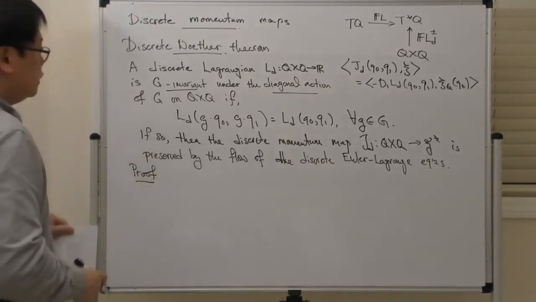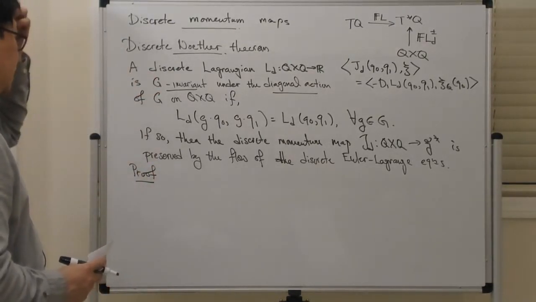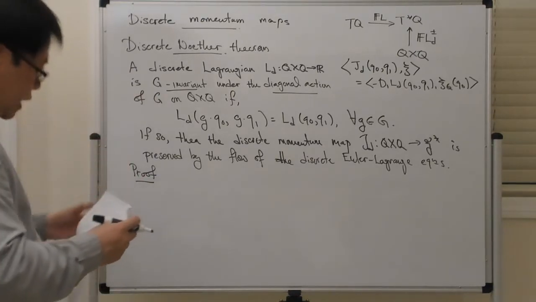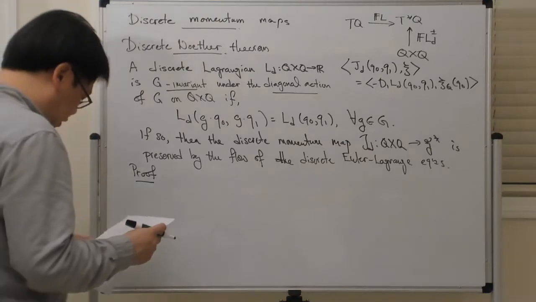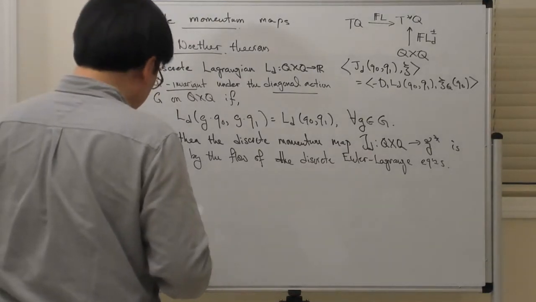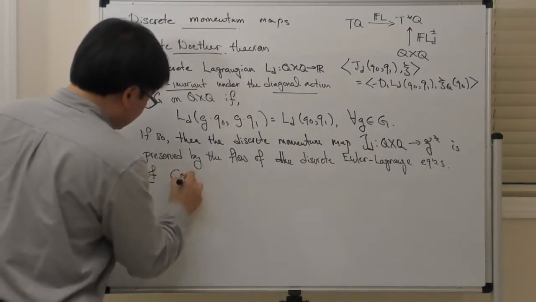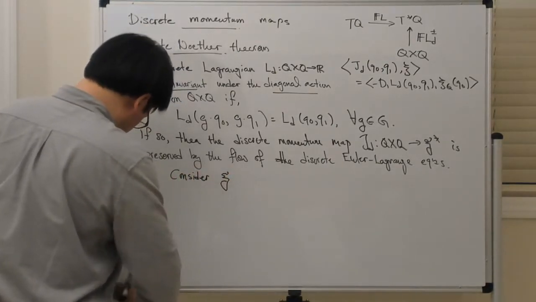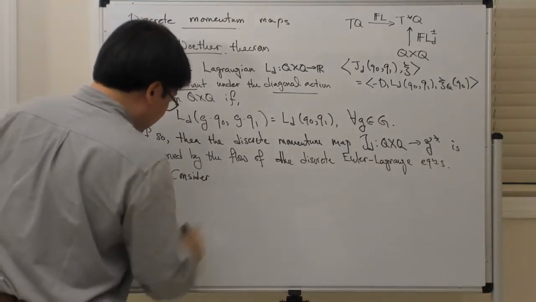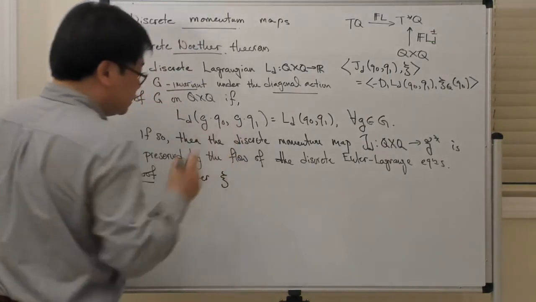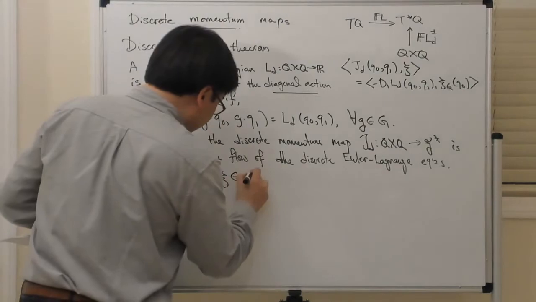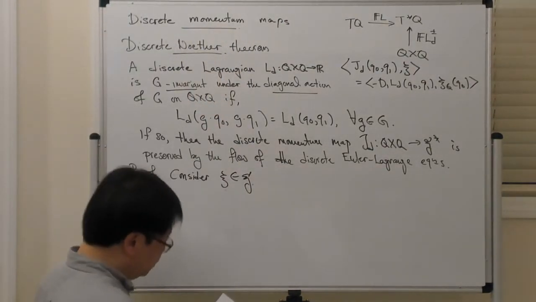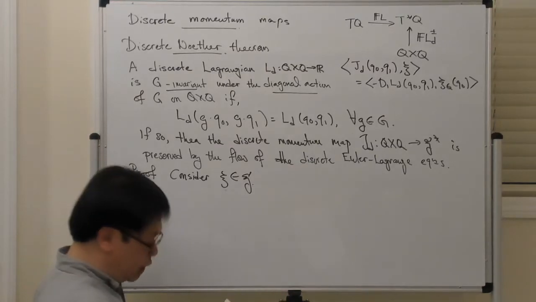Okay. So we're going to use the fact that the discrete Lagrangian is G invariant under the diagonal action, and we're going to do this in the following way. Let's consider an element of the Lie algebra, call it ξ. If you have an element of the Lie algebra, you can exponentiate it to give you an element of the group.